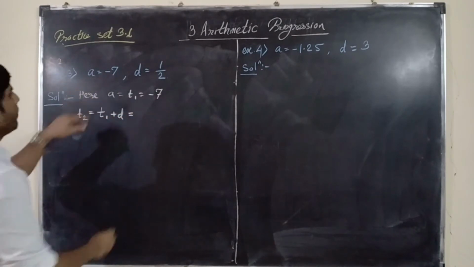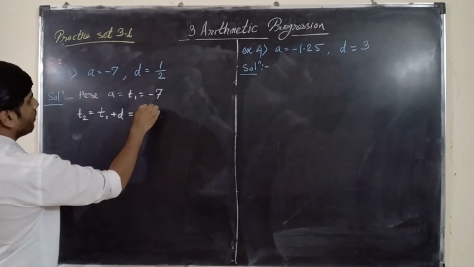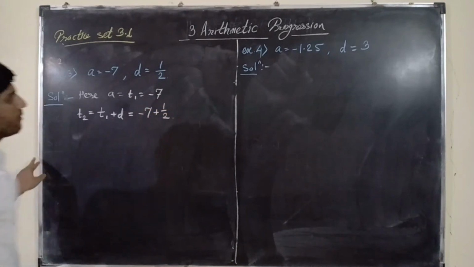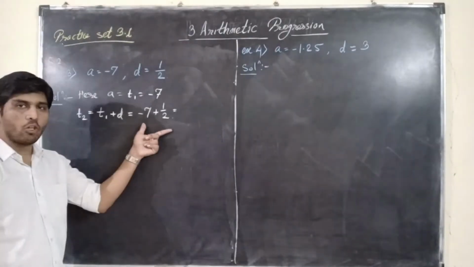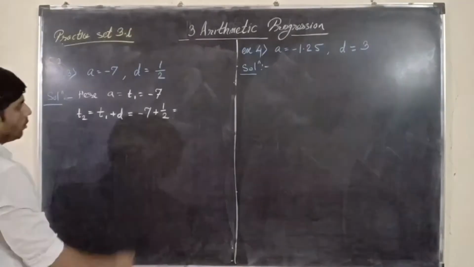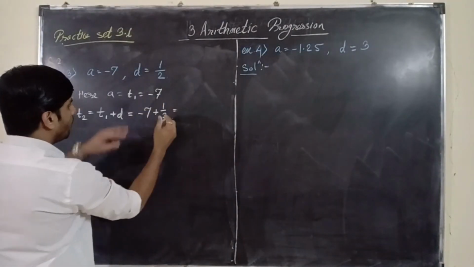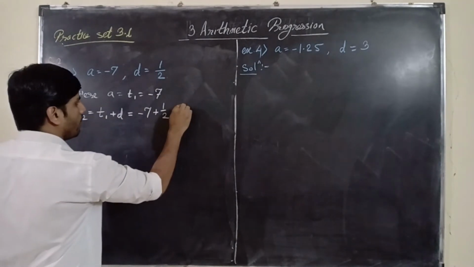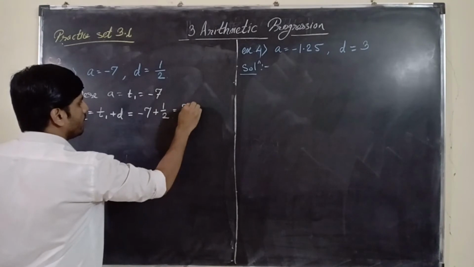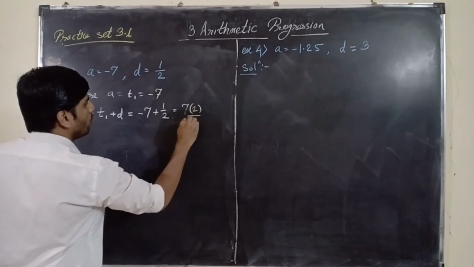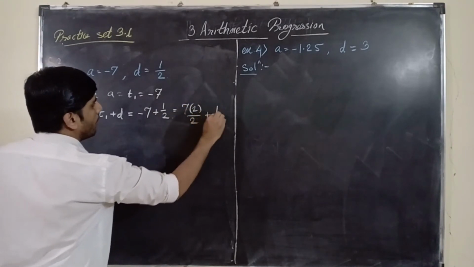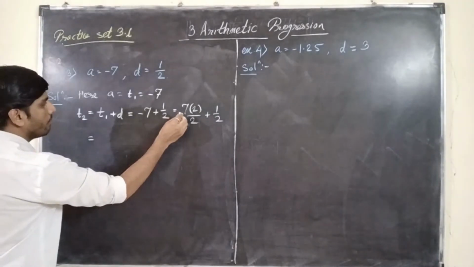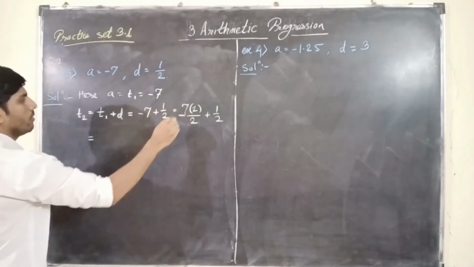Here the previous term is negative 7 and the common difference is half. Now to perform this mathematical operation, the denominator must be the same. So first we will multiply and divide this 7 by 2. So we will get 7 into 2 upon 2 plus 1 by 2 as it is. Now the denominator is the same.